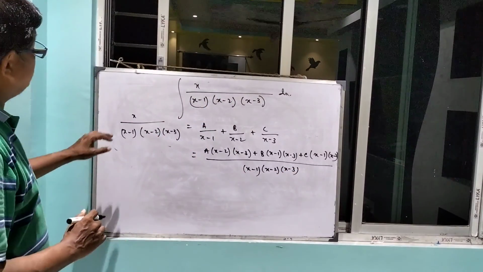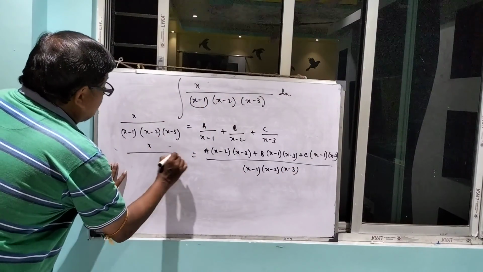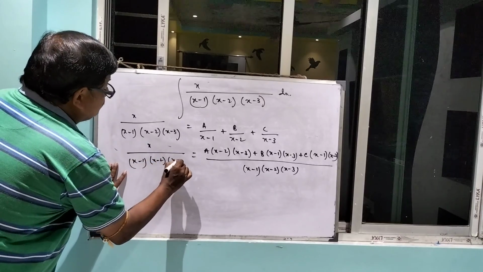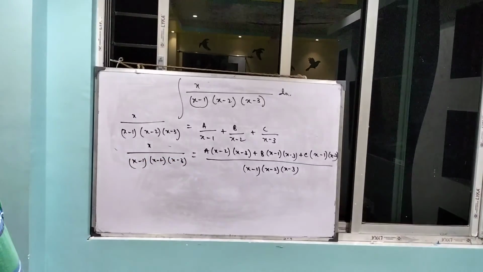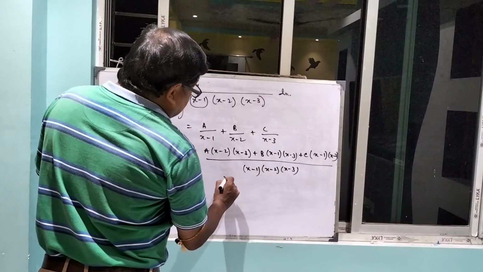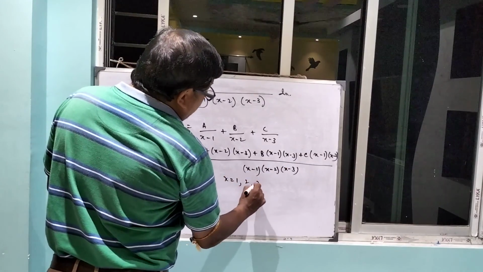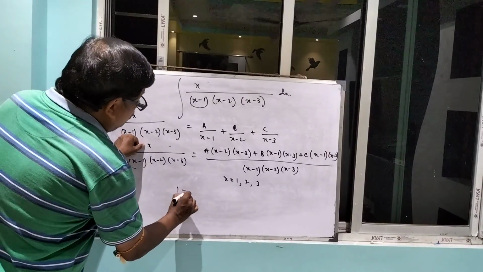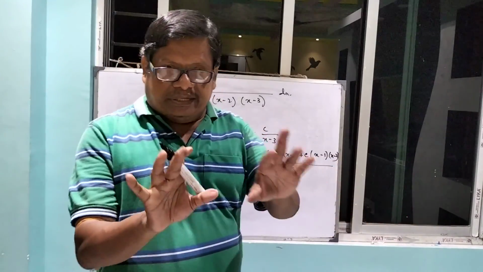Here also x by this one, this will be x by (x minus 1)(x minus 2)(x minus 3). You put x equal to 1, 2, 3, like that. You put first 1 in the numerator part only, keep in mind, only the numerator part.